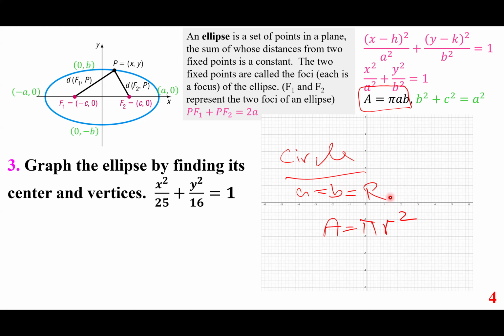And the relationship between a and b, this distance is a. That's why it's called a, 0. This distance is b. That's why it's called 0, b.